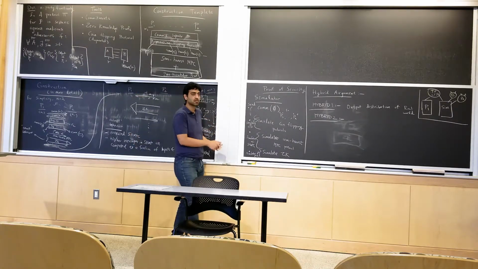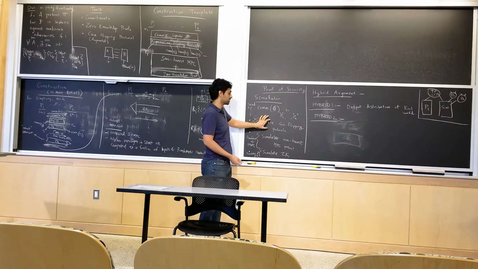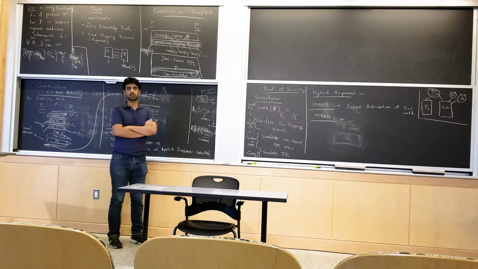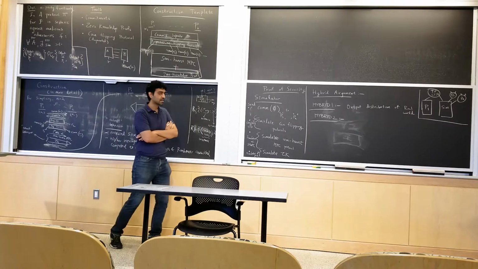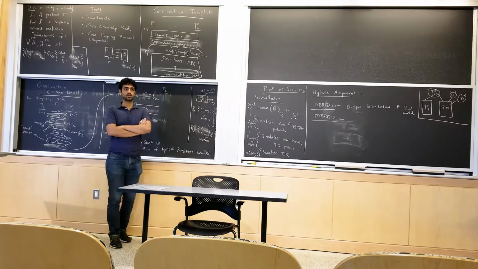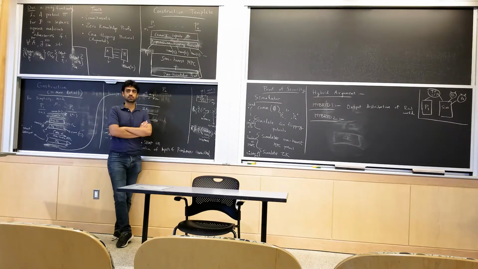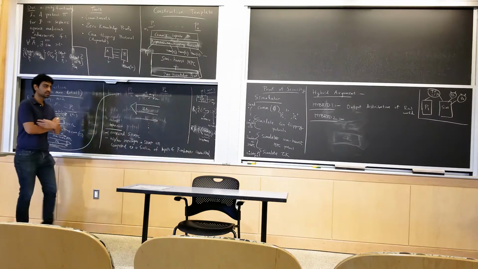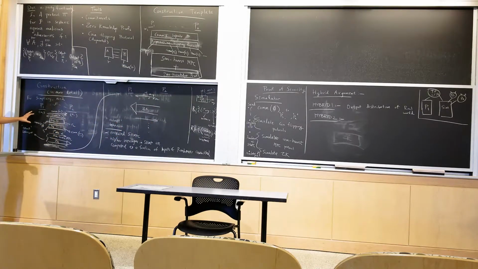Okay, so let's take a concrete example. What happens if we simulate this person? Will anything go wrong? I claim something goes wrong. Let's take a step back. P1 is essentially proving that he has behaved honestly, that whatever he's doing is according to what the protocol should be.